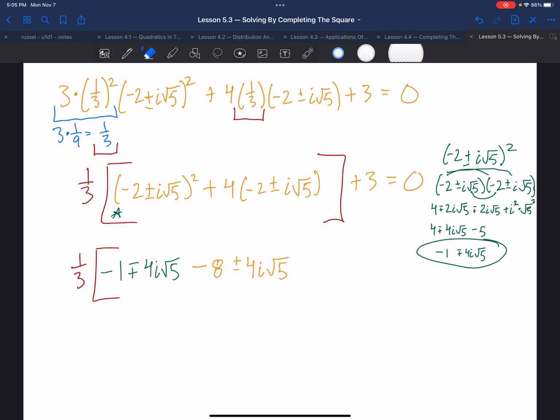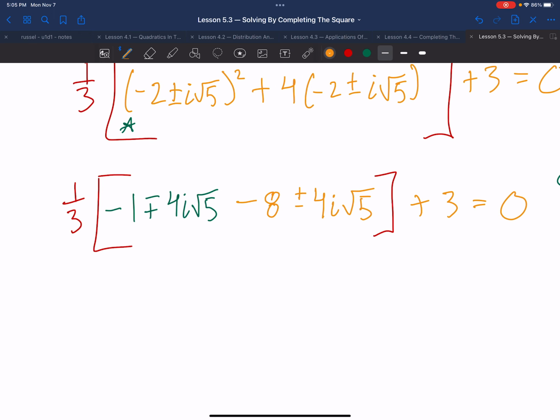So now I can actually condense this a little bit and say plus 3 equals 0. Okay, are you seeing it? Also, are you seeing why I wrote it as minus or plus? Because what's going to happen... Where's my highlighter? Let's do highlight in green.